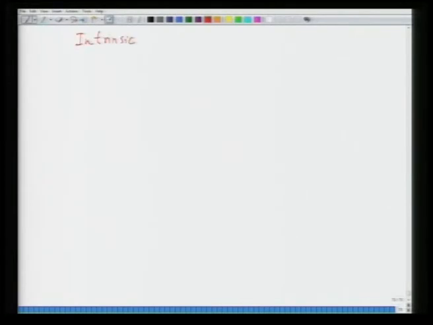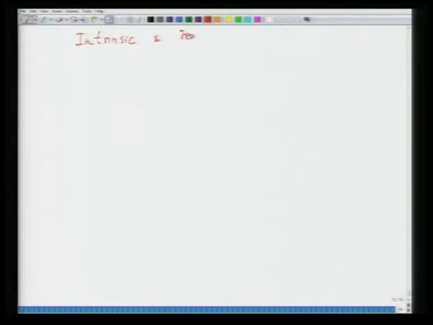The point here is just to see which one dominates, and we will see later which one is more likely to be present in that particular environment. So, this is an example.